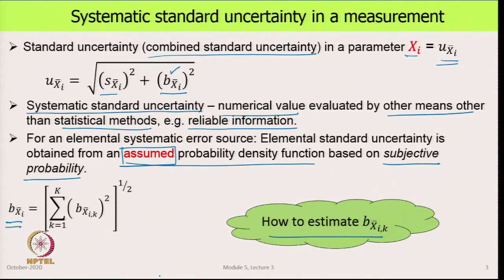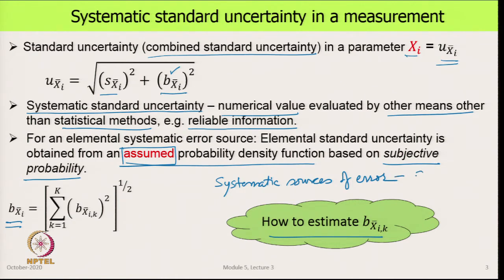So, what we do is, for each elemental systematic standard uncertainty, which is what this is. So, there are systematic sources of error. This we said right in the beginning that the experimenter has to list all sources of error, classify them as being random or based on data, or systematic as not being based on data and statistics.